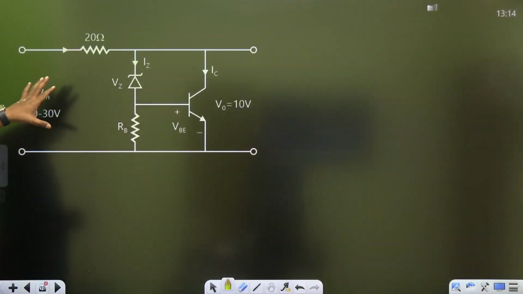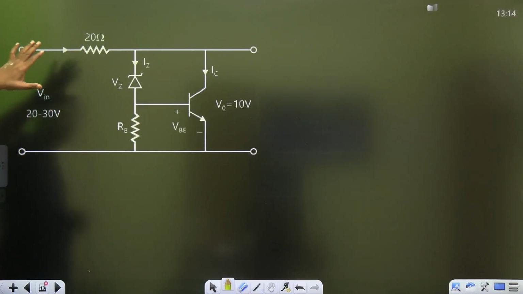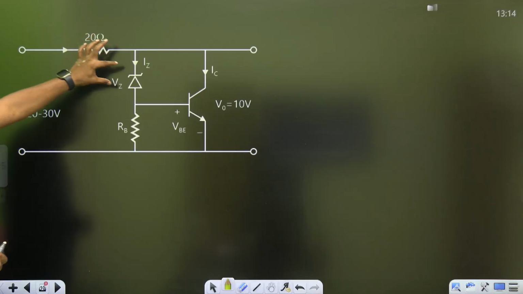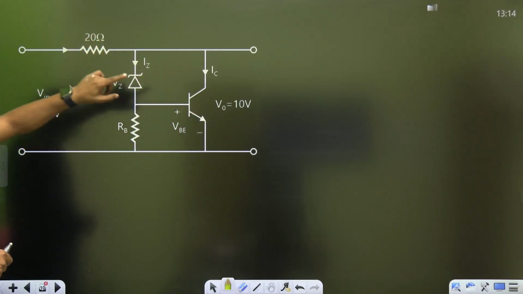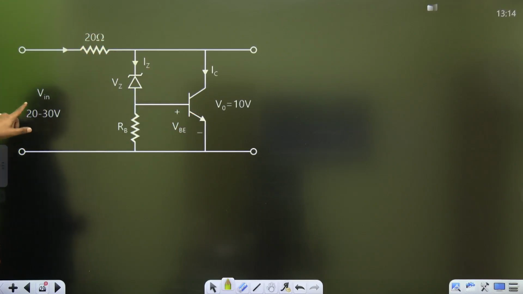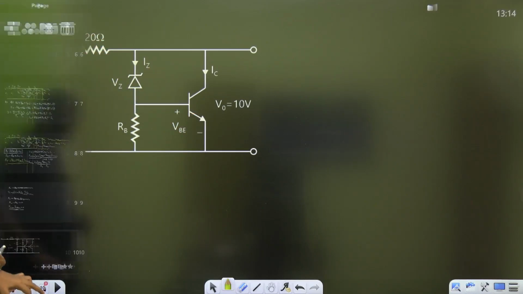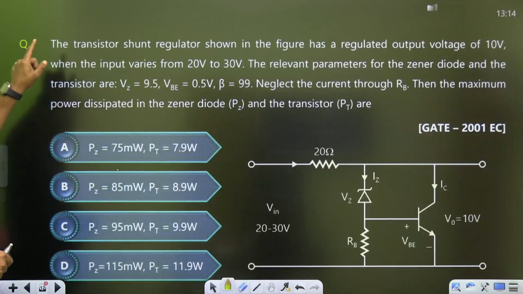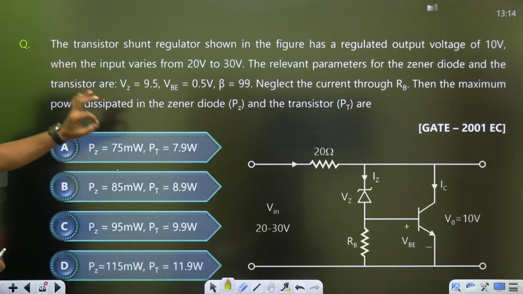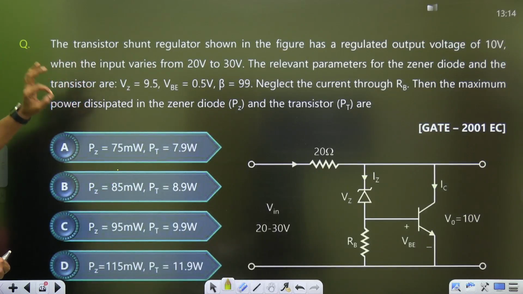In this question we have a 20 ohm RS resistor, a Zener diode, and 10 volt output voltage, and Vi varies from 20 to 30 volt. The question is: the transistor shunt regulator shown in the figure has a regulated output voltage of 10 volt when the input varies from 20 to 30 volt.